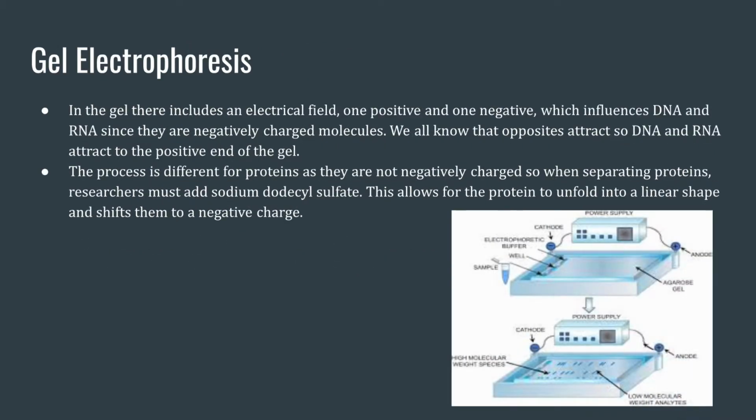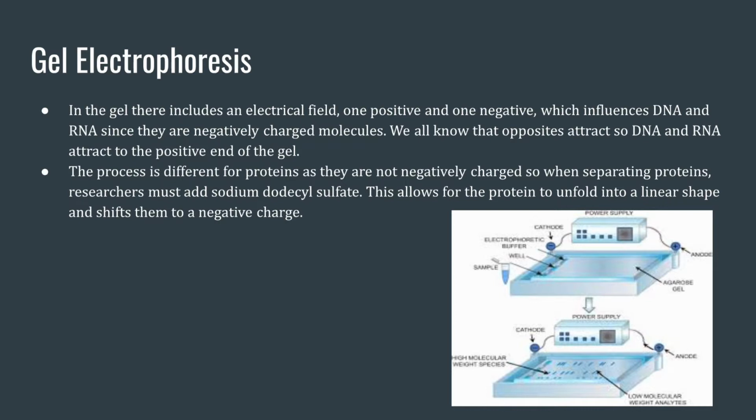To go more in depth in gel electrophoresis, in the gel, like I mentioned before, there's an electrical field. In this electrical field, there are two sides, one positive and one negative. So in terms of DNA and RNA, since they are negatively charged molecules, and we all know that opposites attract, the DNA and RNA are going to go to the positive end of the gel, which is the side for the separation to start.